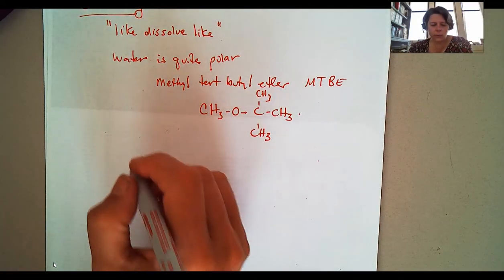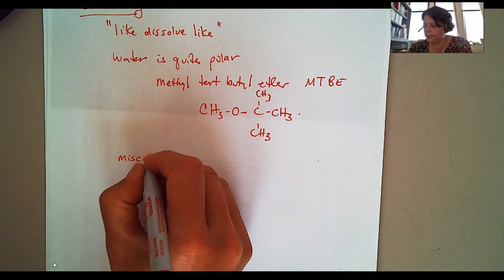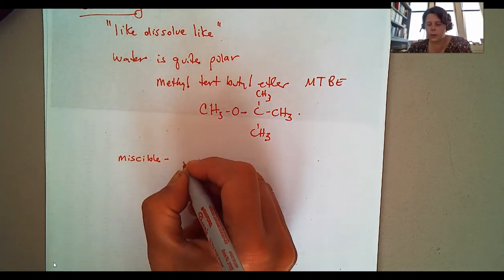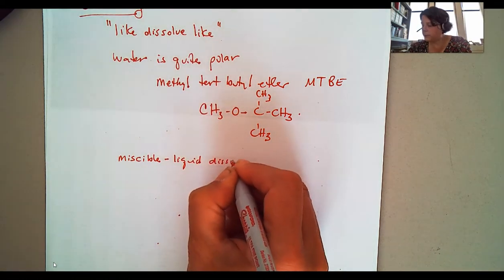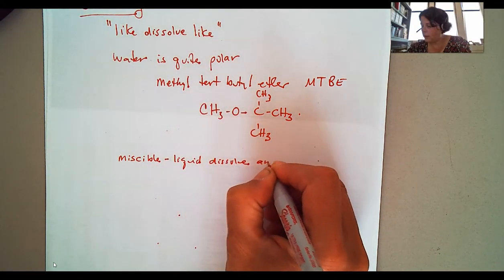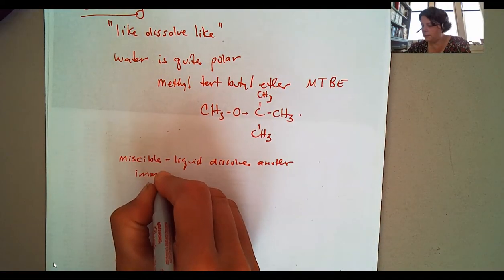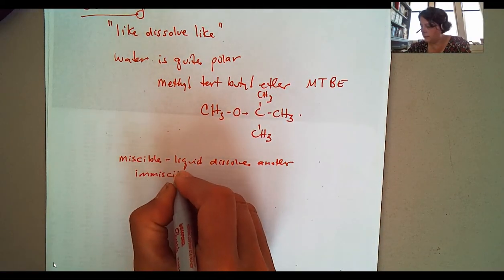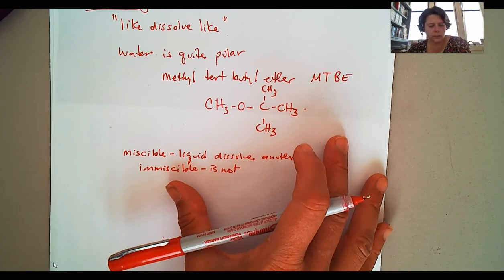So something is also referred to as miscible. You're going to hear me talk about something being miscible or immiscible. This is where a liquid dissolves another compound. And if it's immiscible, they don't. It's not dissolved into each other.